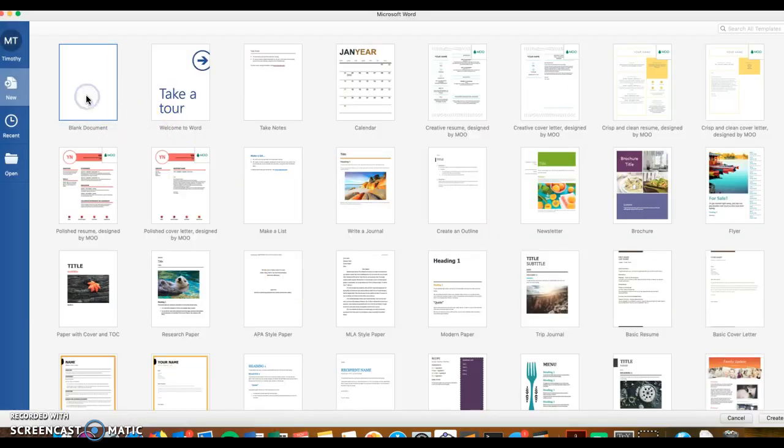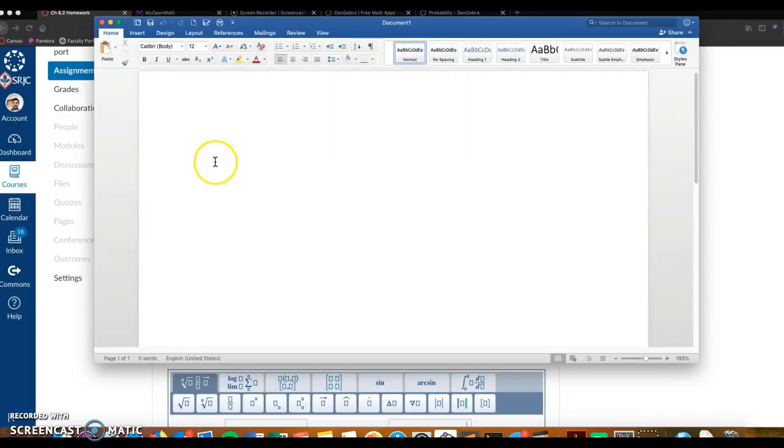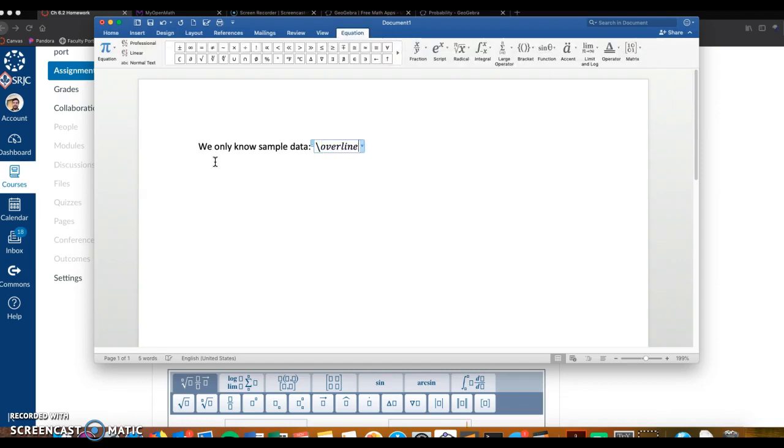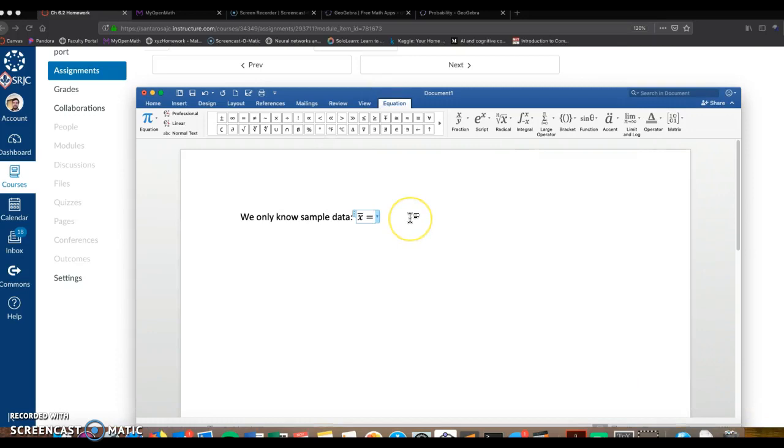So let me write that out to talk about where we go in GeoGebra, which I think is the more difficult part. We only know sample data. In this case, it's x bar, and for my example, x bar is 664.